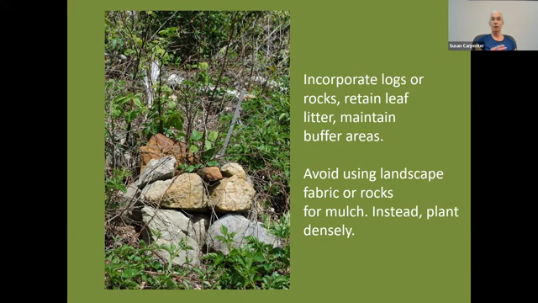I like to recommend avoiding landscape fabric or rocks for mulch and thick layers of even wood chip mulch, because then you don't have any access to the soil and insects can't make nests. They can't emerge if they were already there. And you can use plants themselves to make a more dense, almost a living mulch, if you will.